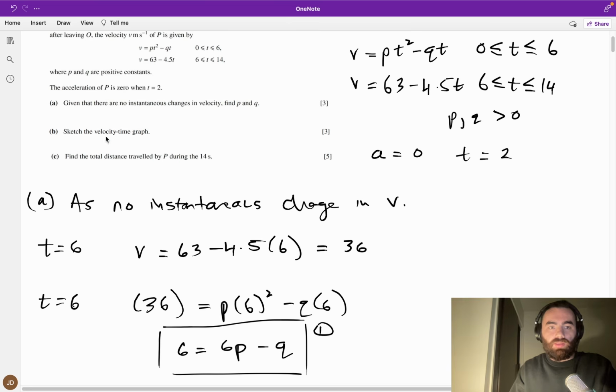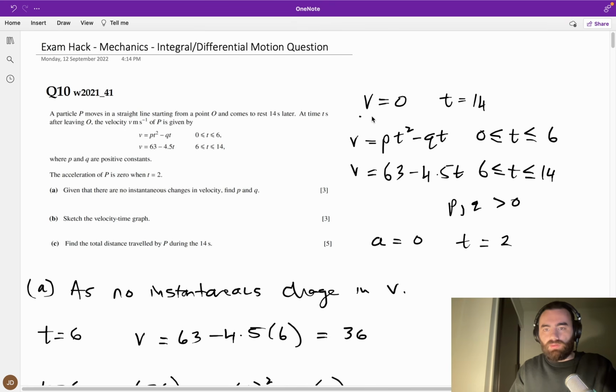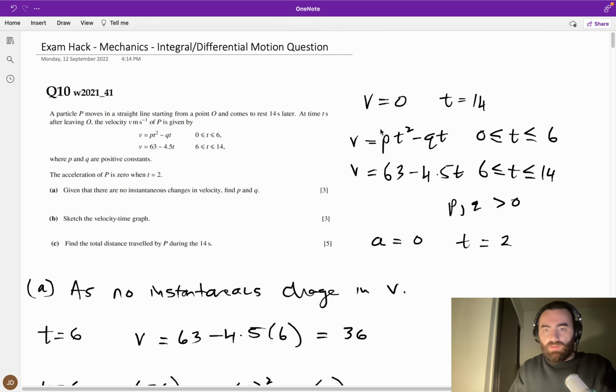And how are we going to find another one? Well, we know that the acceleration is equal to 0 when t equals 2. You might think, why don't we just plug this point into here to get another equation relating p and q? Well, we can't do that because the velocity equals 0 when t equals 14, which is where the motion of the particle takes on this other velocity time equation.